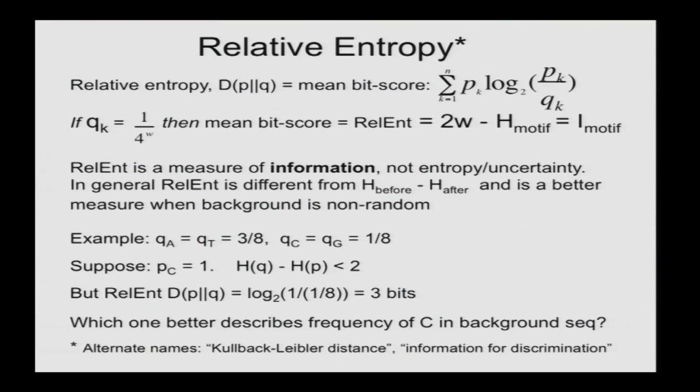So if you have a very biased genome, like this one shown here, which is 75% AT, then the information content using the standard method would be 2 bits for this motif, which is PC equals 1. But then that would predict, using the formula, that a motif occurs once every 2 to the information content bases.